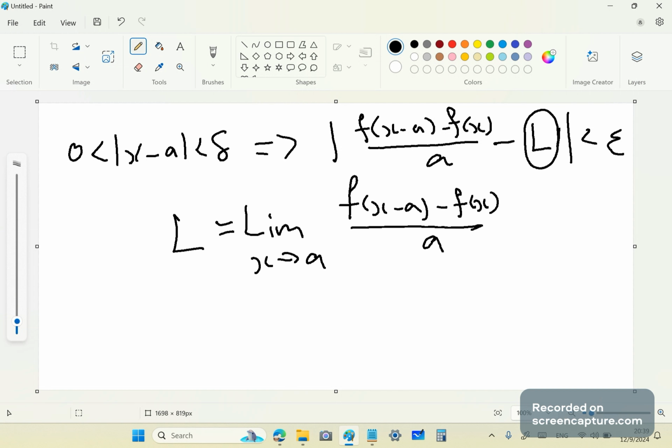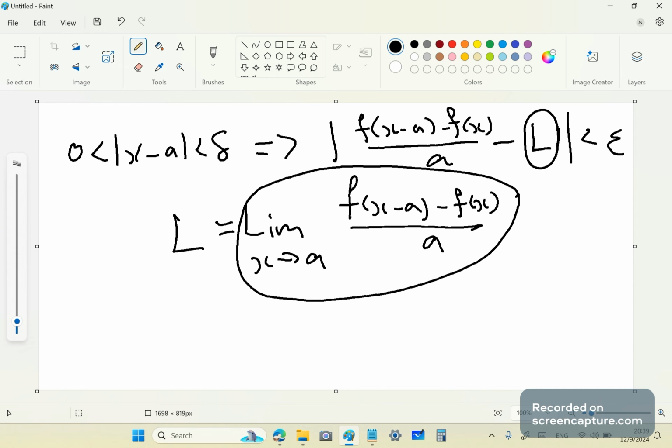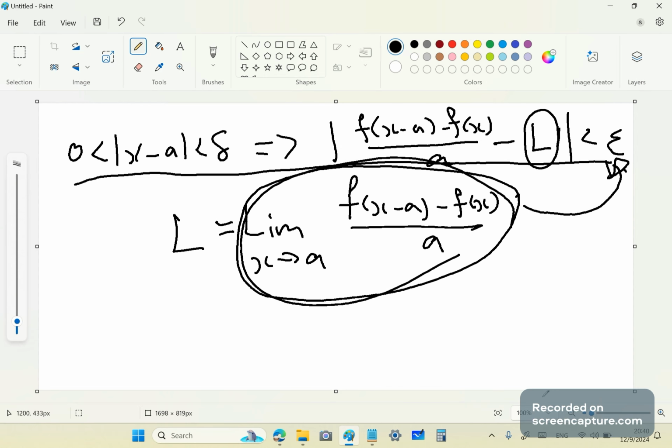It's equal to this limit. And this in turn is what this inequality means. So it's circular. You start off with this inequality, which means this, and of course your guess is L, which you use in this. So it's just basically monkey business.